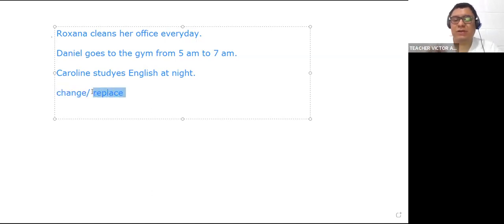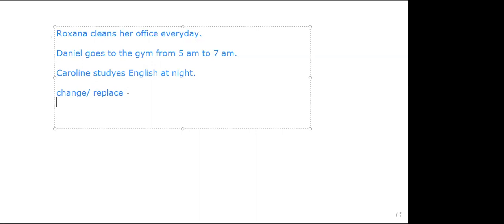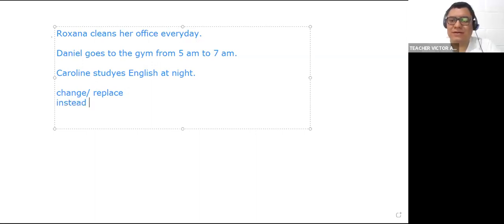Remember that when we say replace, it means you take something and you put something else on that space or spot. So we have replace. How do you say en lugar de in English? Instead. Instead of, right? So we can use this expression instead of, en lugar de.